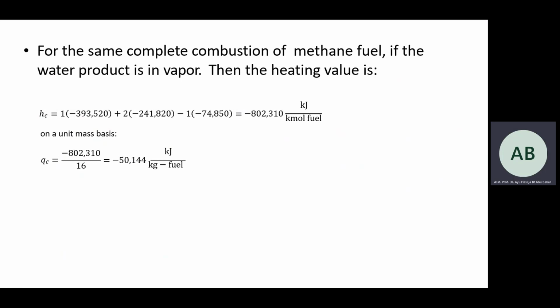If the water product is in vapor form, then the value of HF will be different, and the final answer will be slightly different as well.